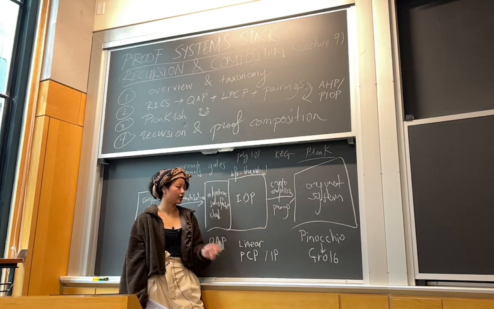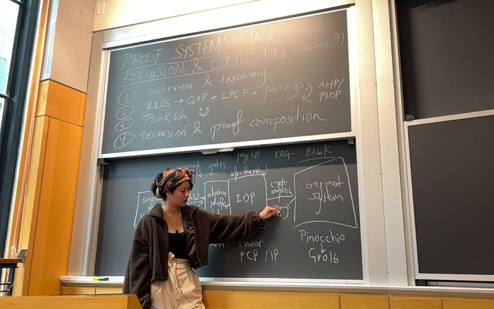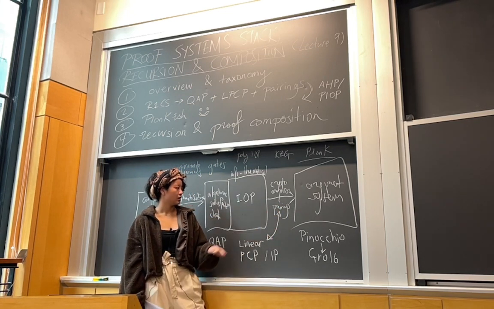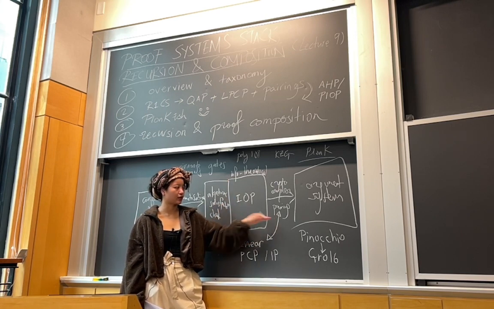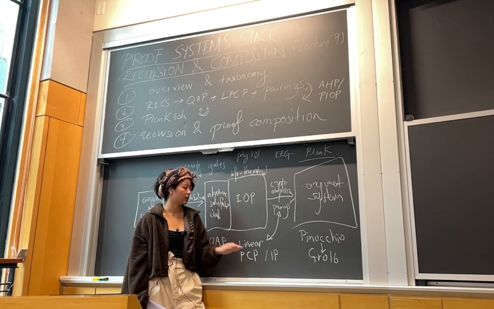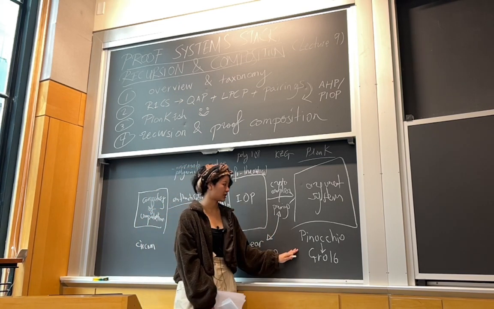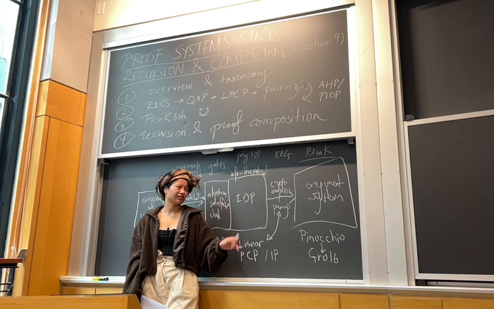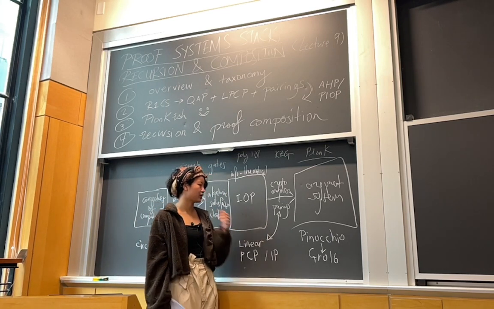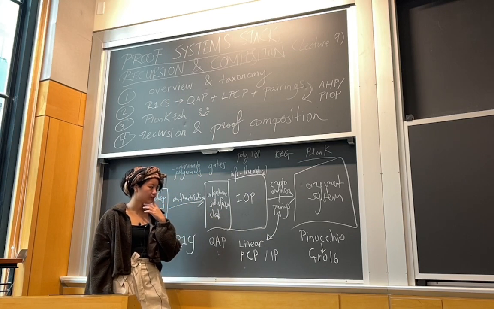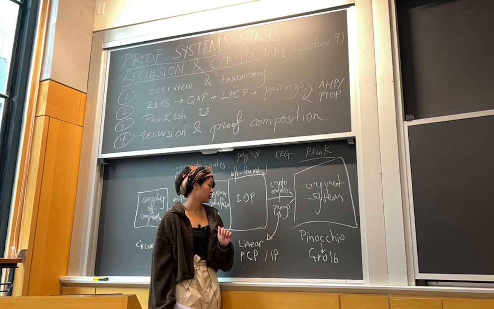So you'll see later on that these two components, the information theoretical component and the cryptographic compiler, are very intimately linked in Pinocchio and Groth16. In fact, they're not possible to separate. This is what makes Pinocchio and Groth16 different from the modular modern SNARKs.